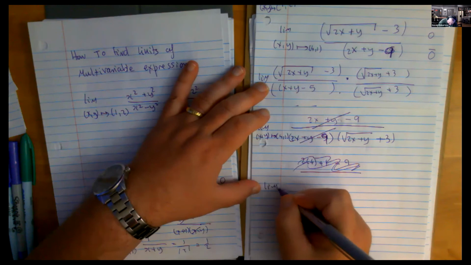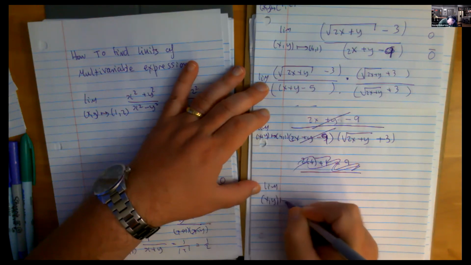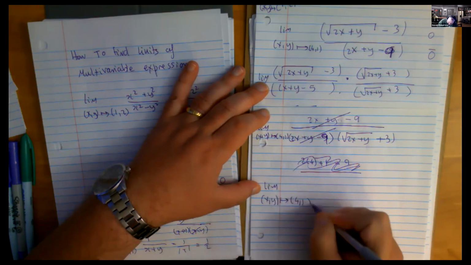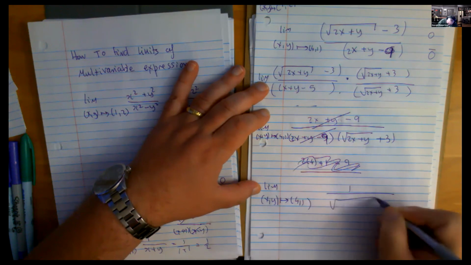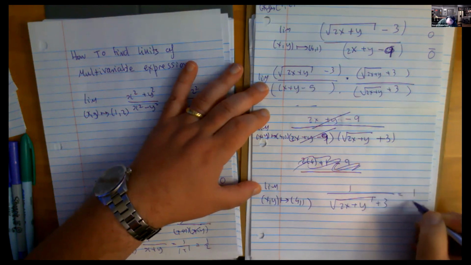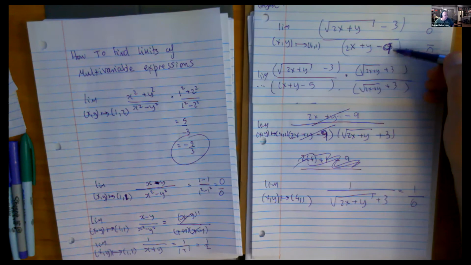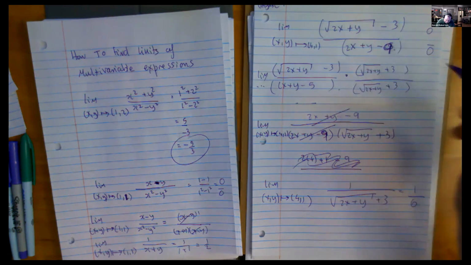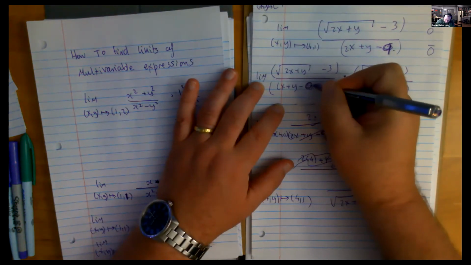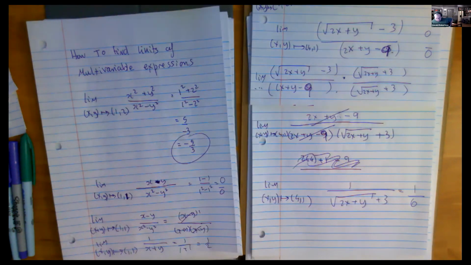And I would have had the limit as x, y tends to 4, 1 of just this fella. And that would have ended up being a sixth. Okay, so what should have happened is I should have changed that bottom one to this fella all the way through, and it would have worked.